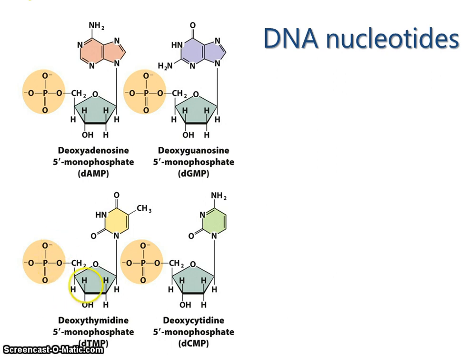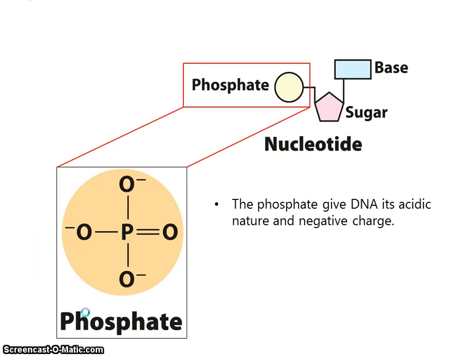So the phosphate group is always on the 5' end, and the hydroxyl group is always on the 3' end. This is important because when a new phosphodiester bond is made between two nucleotides, it always happens such that the phosphate interacts with the hydroxyl to create that bond.